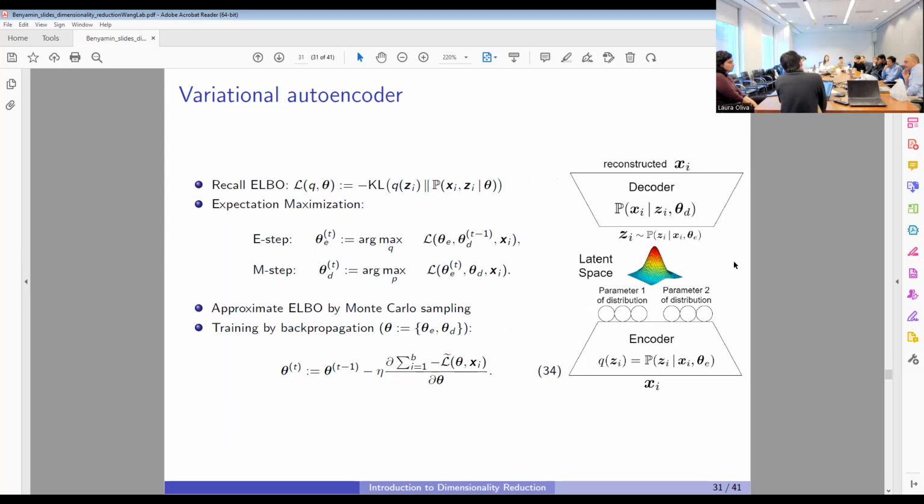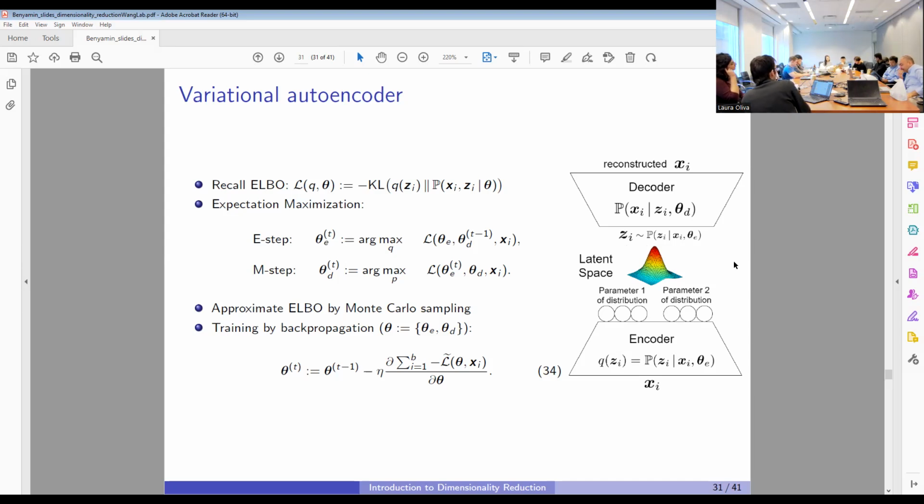Assume you have two sets of parameters, theta E and theta D. By the way, you can do it in an encoder-decoder setup. They said that assume you have theta E for the encoder and theta D for the decoder, where the encoder takes care of the E step in expectation maximization, and the decoder takes care of the M step. They did it in this way, and that's an interesting thing.